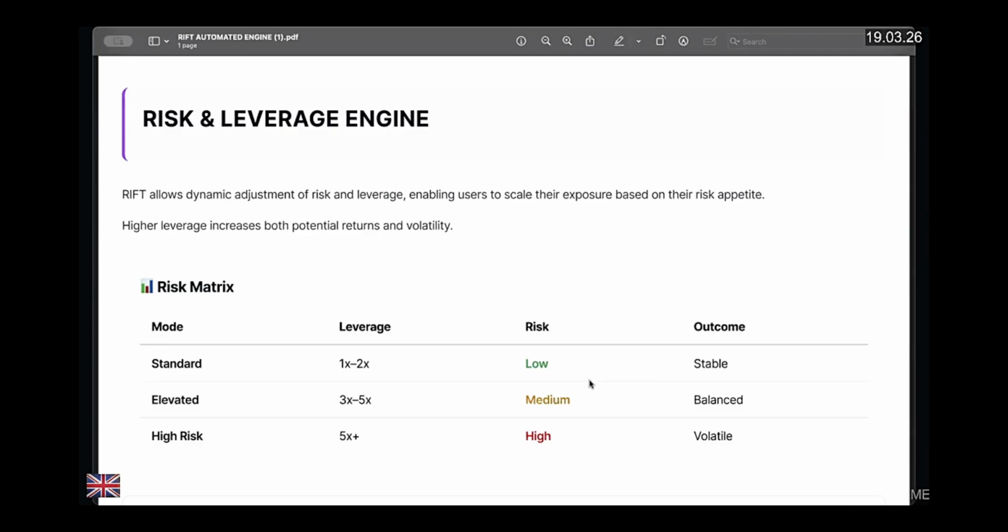When the market volatility is very low, the leverage is very low as well. So on the basis of risk appetite, market volatility, and market conditions, these parameters get altered by the risk engine of the automated trading system.